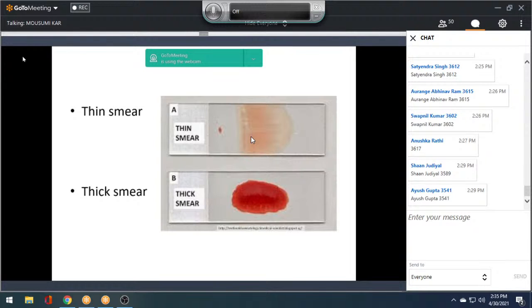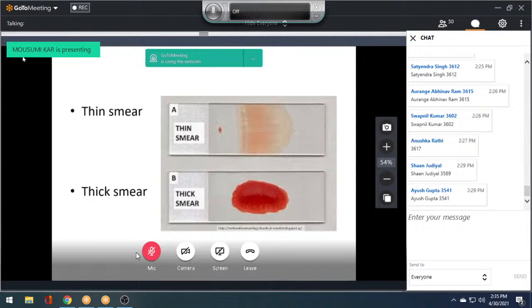So for peripheral smear itself, there is a thin smear and a thick smear. Anyone knows why we make a thick smear? What is the advantage?